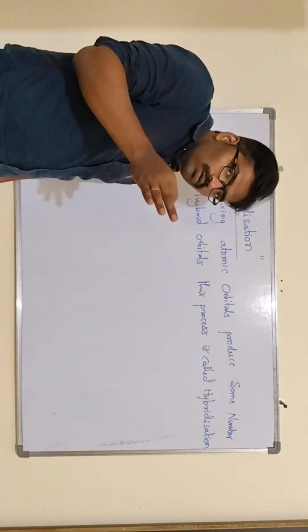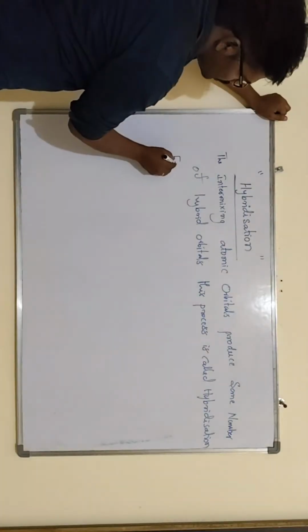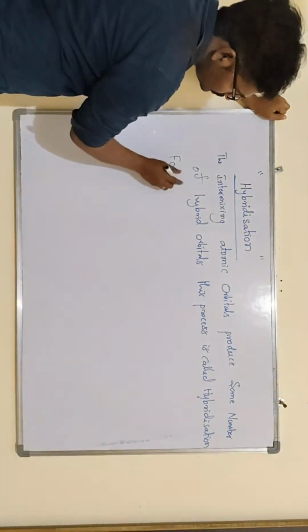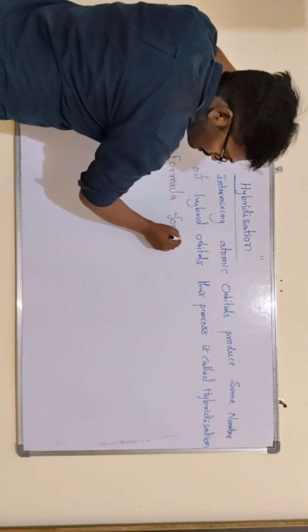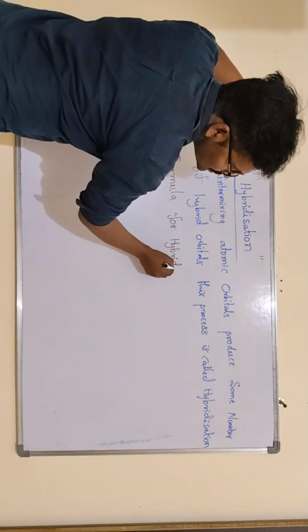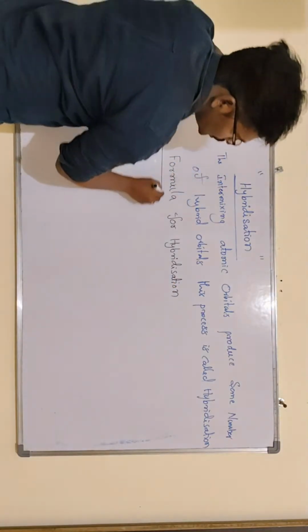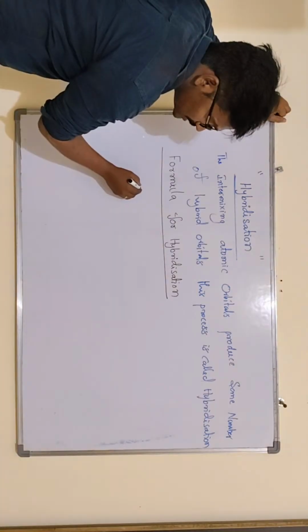To find out the hybridization, there is a formula. Here we call it the steric number, Z. If you find the steric number, you can find the hybridization. Clear, all of you? So what is the formula for the steric number?